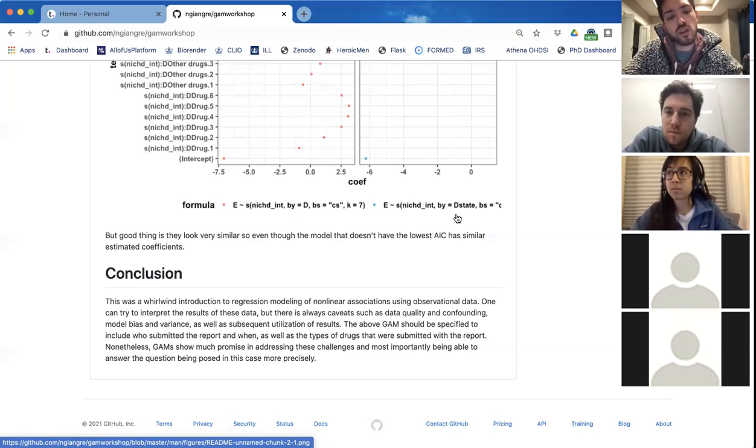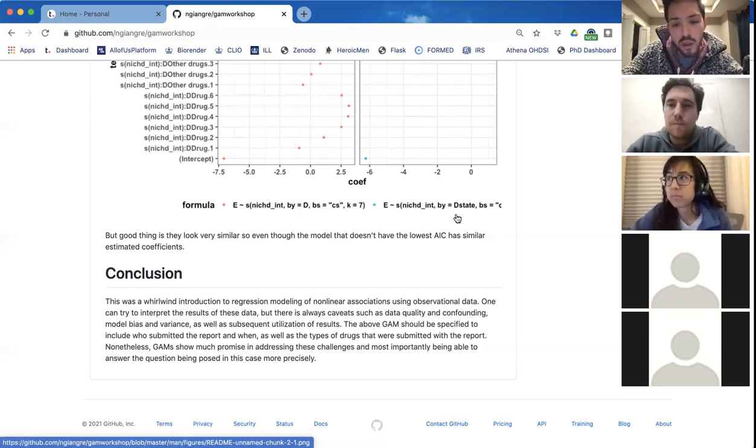But you can include other characteristics like when the report was submitted and by who, and also what other types of drugs were submitted with the report. If you were to include that in your model, that may reduce some of the variance that you would see. And that, in my opinion, was a better model.